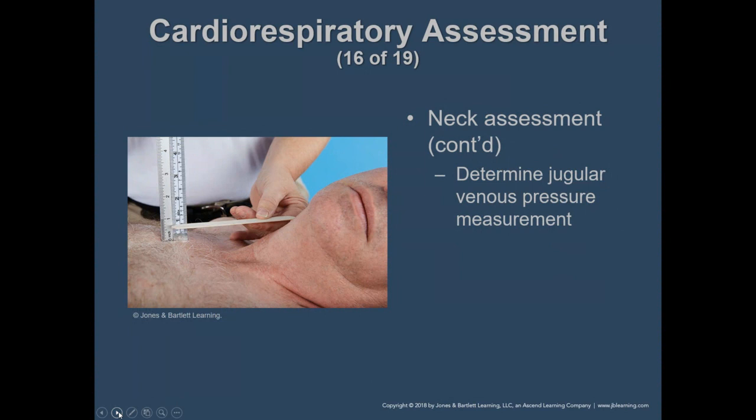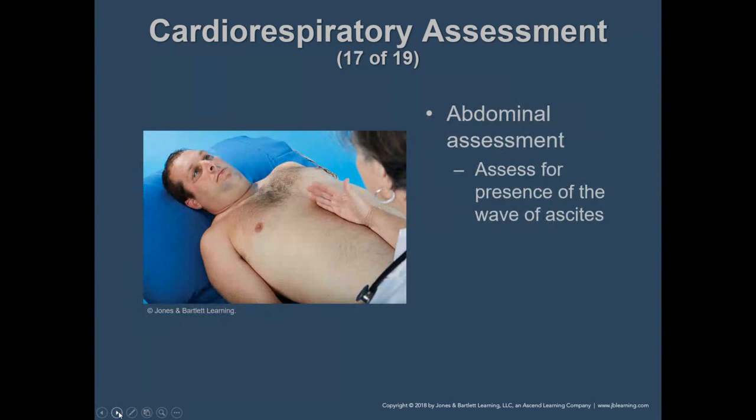When you're looking for JVD, we think of JVD as easier measured at an angle. And if you've never had to do this, ascites or a fluid wave: poke this guy over here on the side, have a little bit of pressure right here at midline, and see if, like an old waterbed, you've got a rush of fluid.